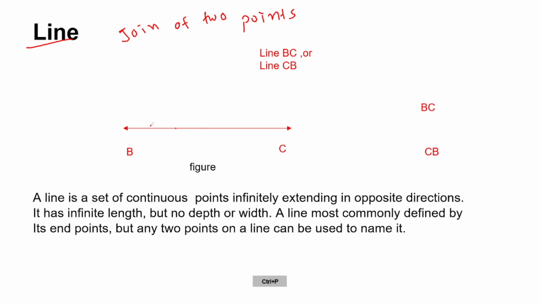In other words, a line is a set of continuous infinite points that are expanding in opposite directions, like this, like this.